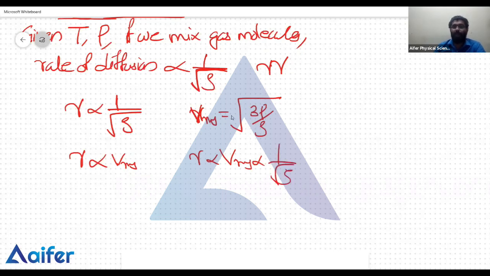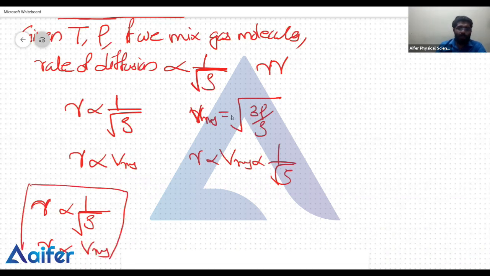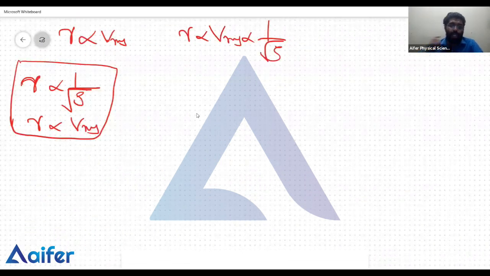So everything will be matched. So keep in mind R proportional to 1 by root rho, inversely related to density. R is also proportional to Vrms. So this is Graham's law of diffusion. Okay, in a previous MSc examination, they asked this one. Okay, that's it.